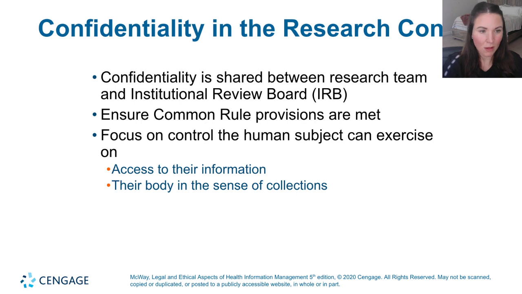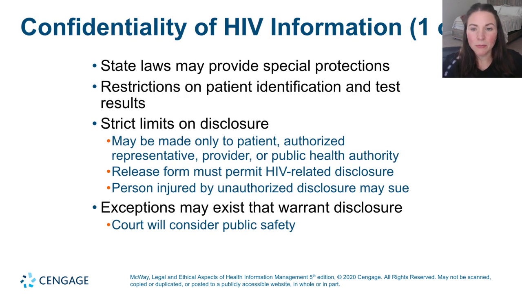For HIV information, some states have special protections on not only the patient's identity, but also their test results. The patient's test results can only be given to the patient or their authorized representative, or their doctor or public health authority.